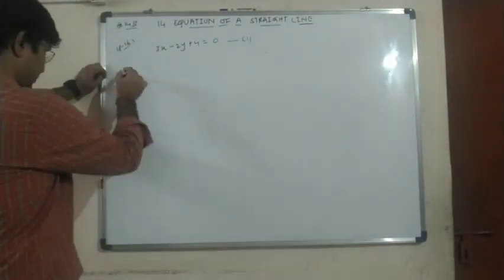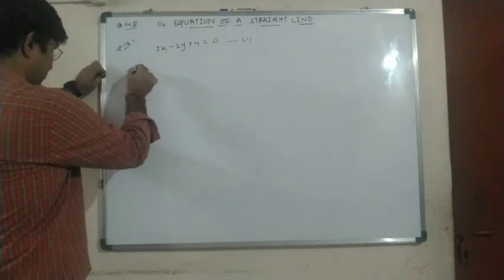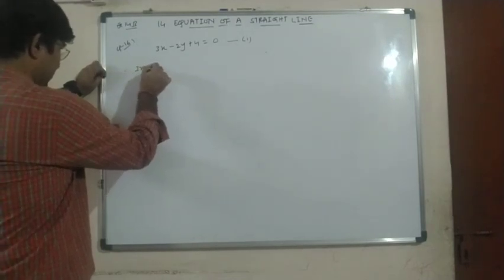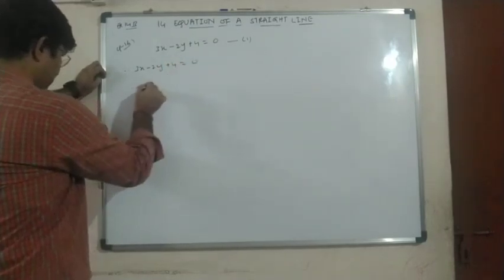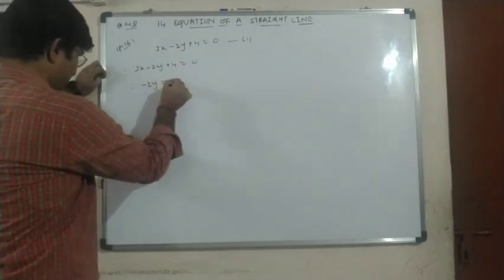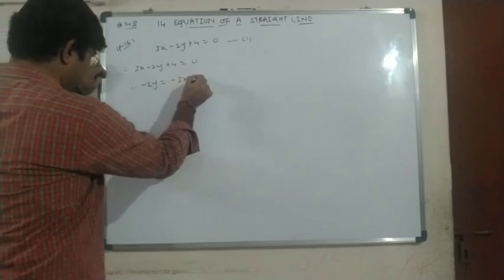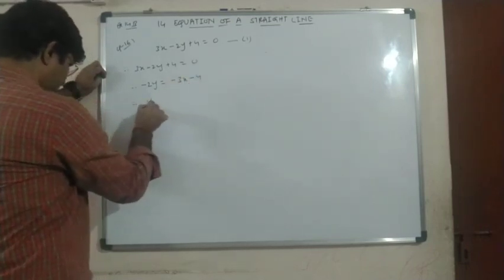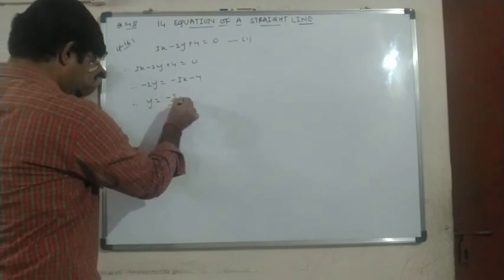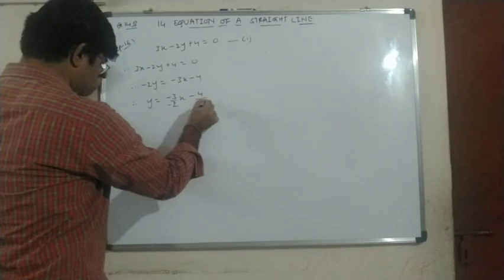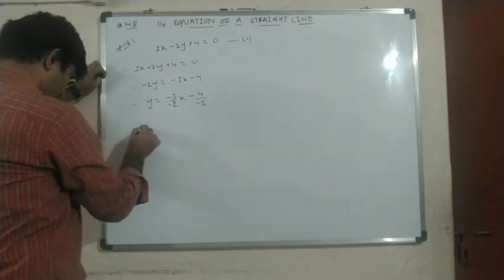Let us find out the slope of the line. Okay, 3x minus 2y plus 4 is equal to 0. Therefore, minus 2y is equal to minus 3x minus 4. Therefore, y is equal to minus 3 upon minus 2 into x minus 4 upon minus 2.